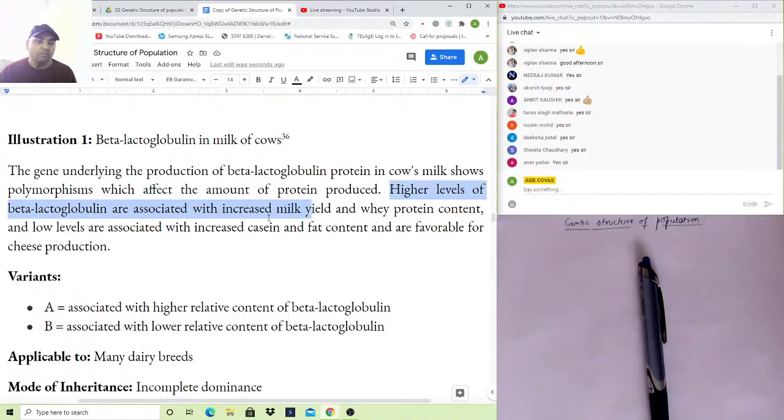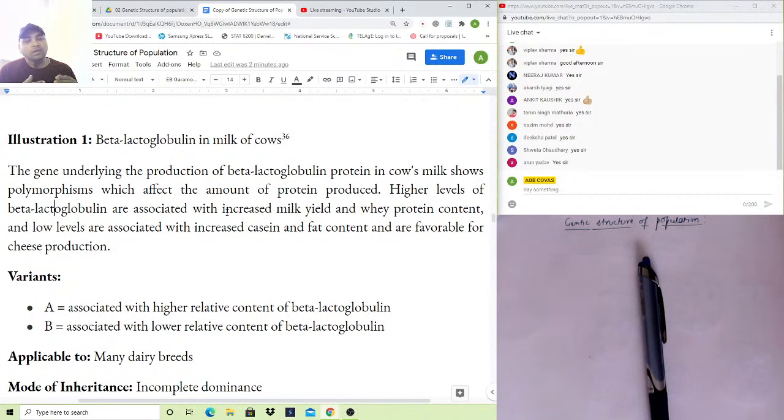Higher levels of beta lactoglobulin are associated with increased milk yield and whey protein content, and low levels are associated with increased casein and fat content and are favorable for cheese production. So from a commercial point of view, the amount of beta lactoglobulin in the milk of a cow is important, to decide whether the milk should be used for cheese production or as raw milk.